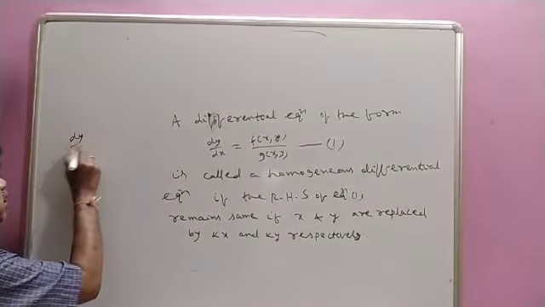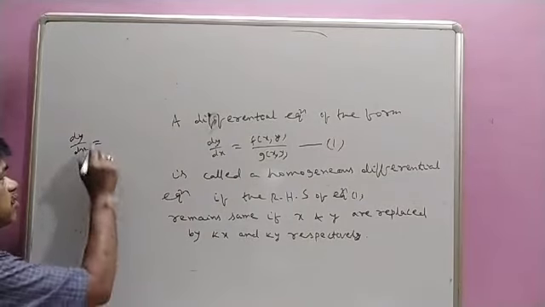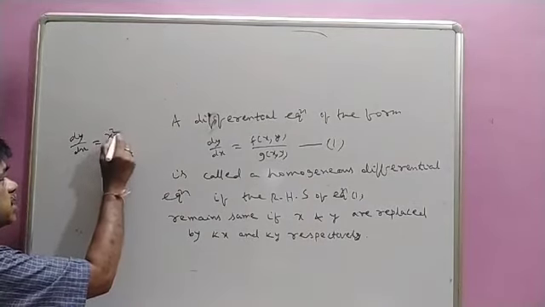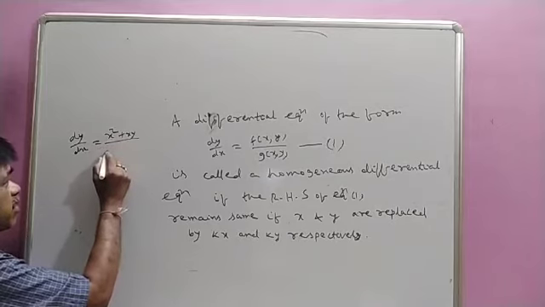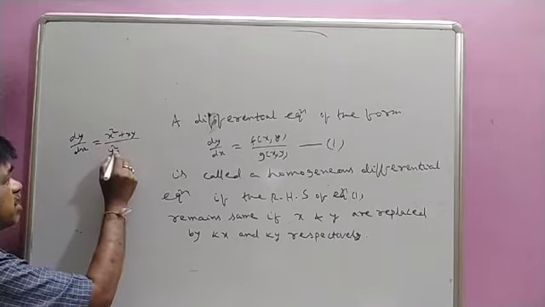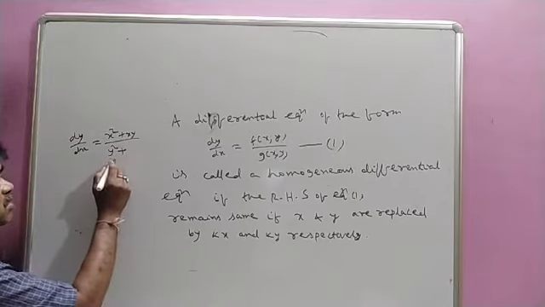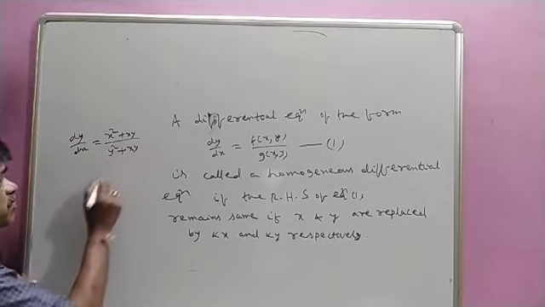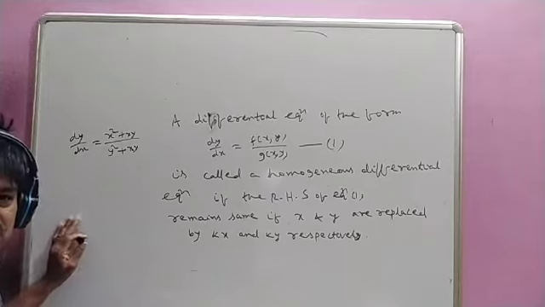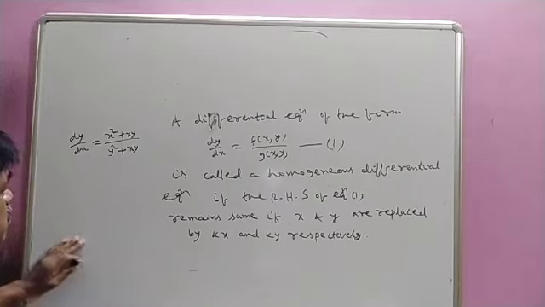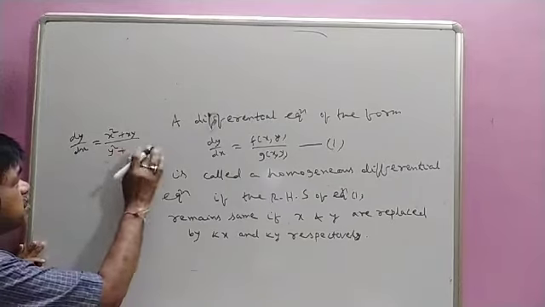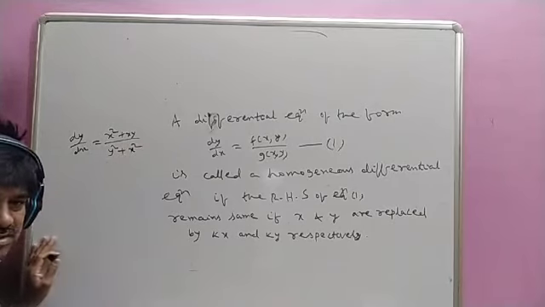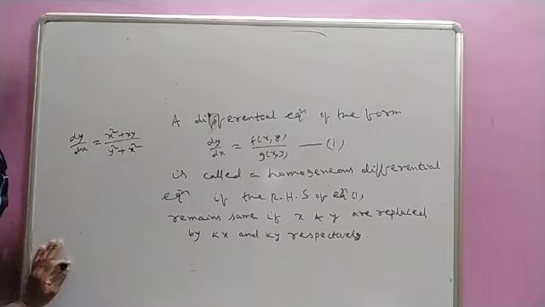Don't write this example, let us discuss problems, it will be clear. Suppose my equation is dy by dx is equal to (x square plus xy) divided by (y square plus x square).